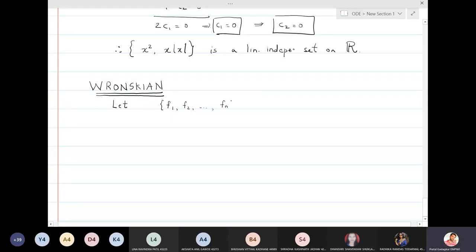I'm taking n functions on a set A B. Define the Wronskian W(x) as follows.